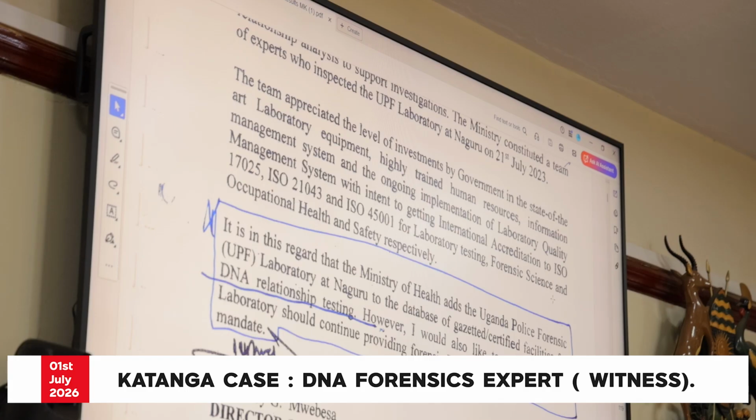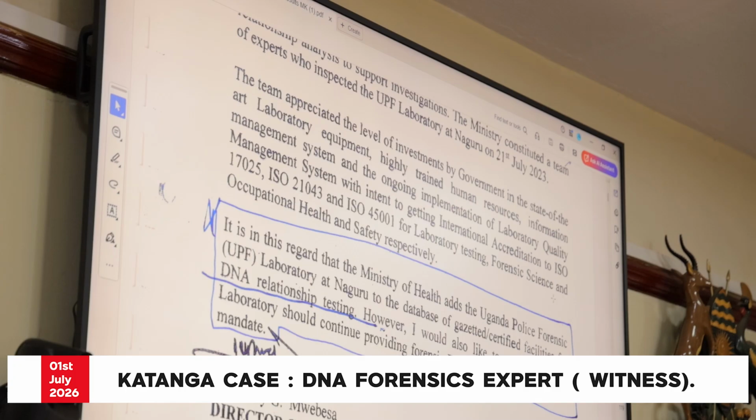However, what is DNA relationship testing? That is a very different system to crime stain DNA profiling. Forensic DNA relationship testing purely profiles known samples from individuals, such as that taken from Molly Katanga, to confirm the paternity of a nominated child.